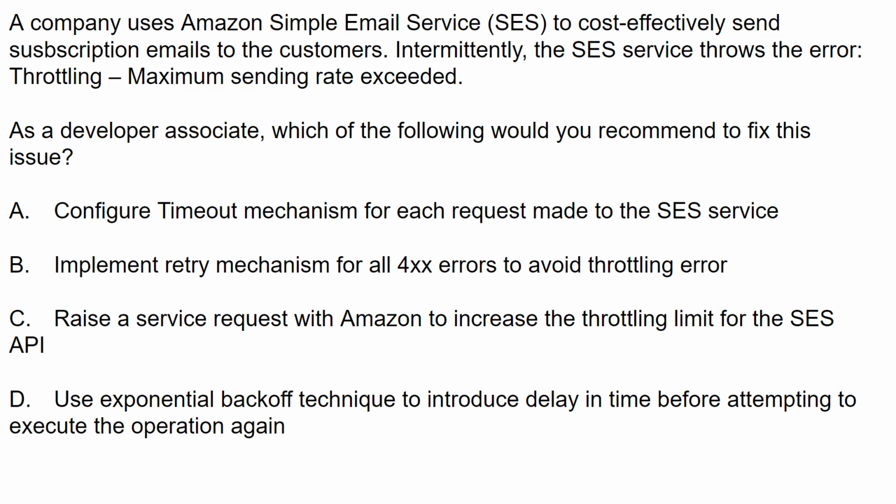Configure timeout mechanism for each request made to the SES service. Implement retry mechanism for all 4XX errors to avoid throttling errors. Raise a service request with Amazon to increase the throttling limit for the SES API. Use exponential back-off technique to introduce delay in time before attempting the operation.